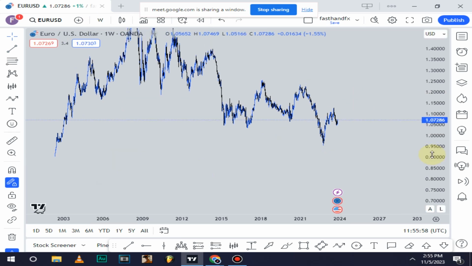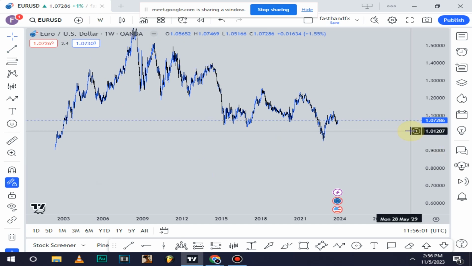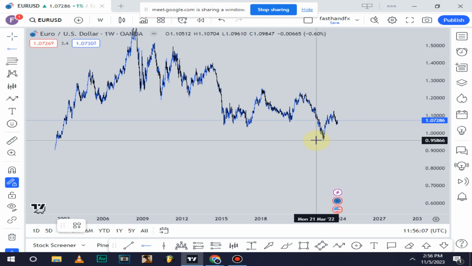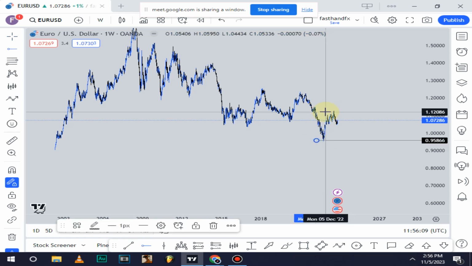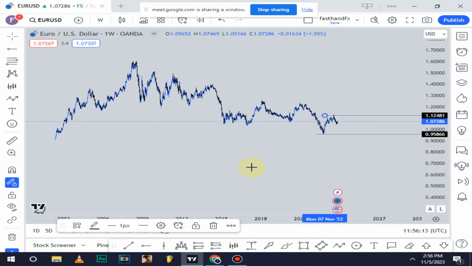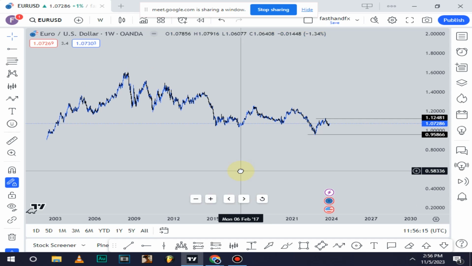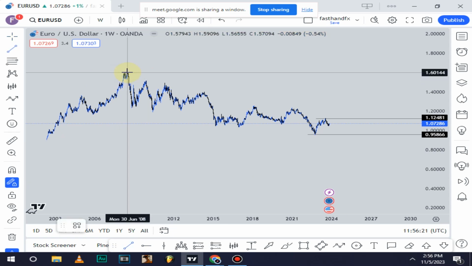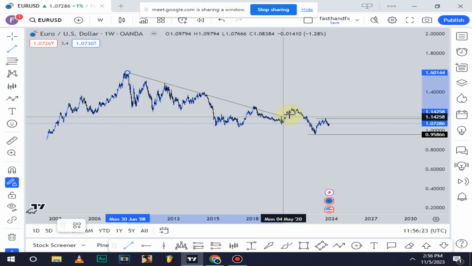From the weekly. So this is the low right there, and this is the high right there. Let me see if I can get a trend line from this weekly. 1, 2, 3 right there.